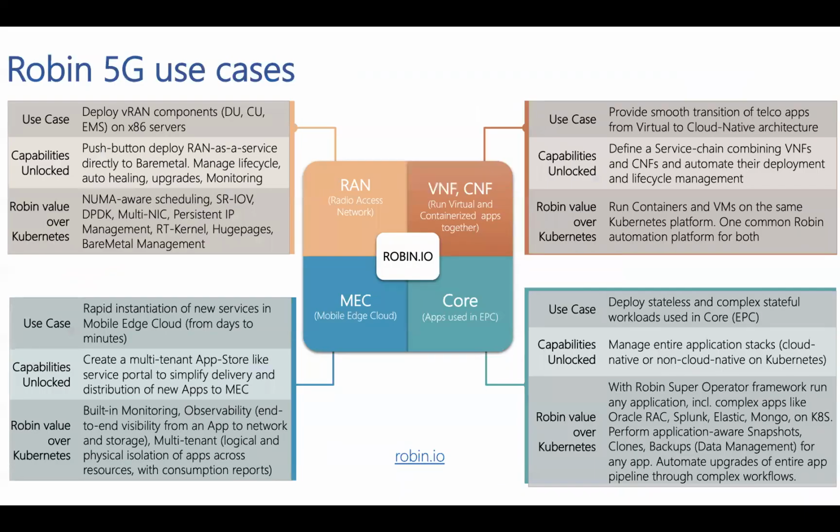Now, let's take a look at the key 5G use cases that we solve. So Robin currently solves the problems for the RAN, cloud native RAN, as well as MEC and core, and also any application that runs as CNF, VNF in the telco environment. Those are the 4 use cases that we solve. So for the RAN, we make sure that on top of basic Kubernetes or vanilla Kubernetes, the advanced scheduling, storage and networking requirements for the application are fully automated.